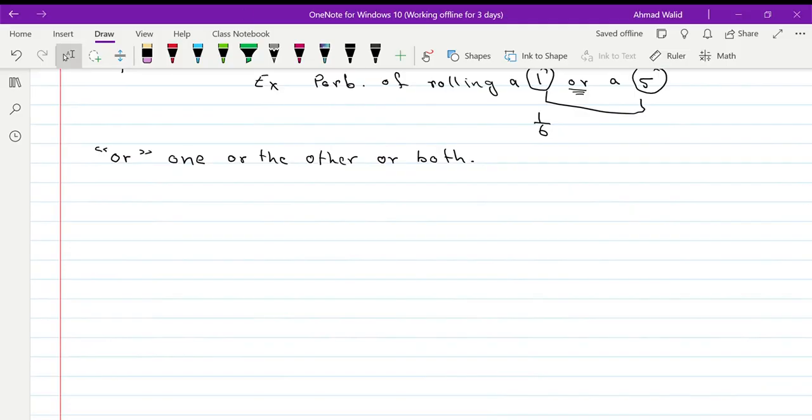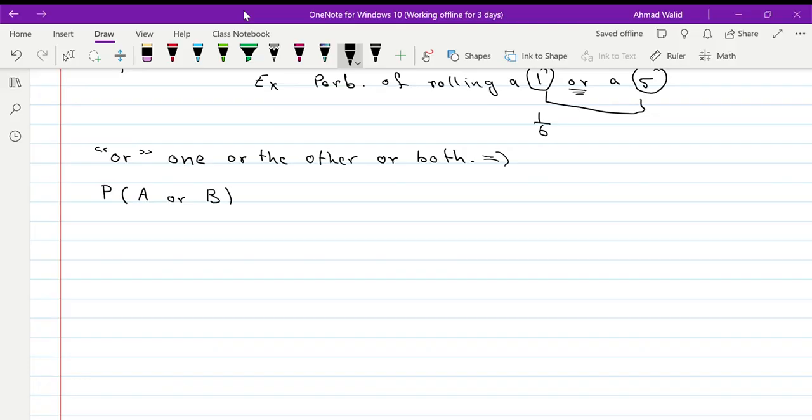I will do an example later, but let me write down what it means in general. We have the probability of A or B. What does it mean based on this translation that I have here?